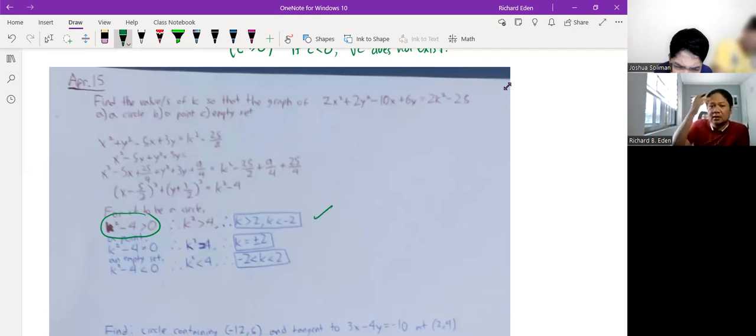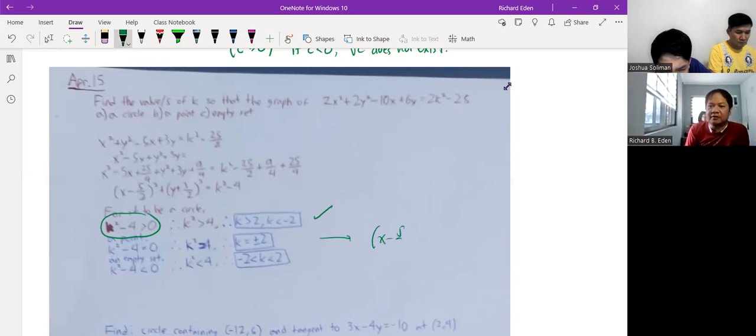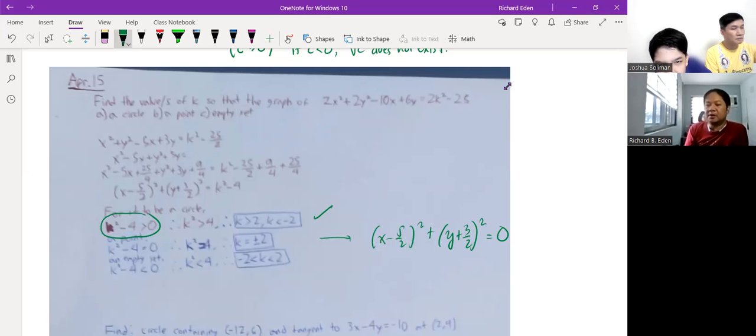And then this is going to be a single point if k squared minus 4 is equal to 0. In that case, x minus 5 halves quantity squared plus y plus 3 halves quantity squared would be 0. So there's still going to be a pair of coordinates that will satisfy this equation. But because you have the sum of two non-negative quantities being equal to 0, that forces both terms to be 0.